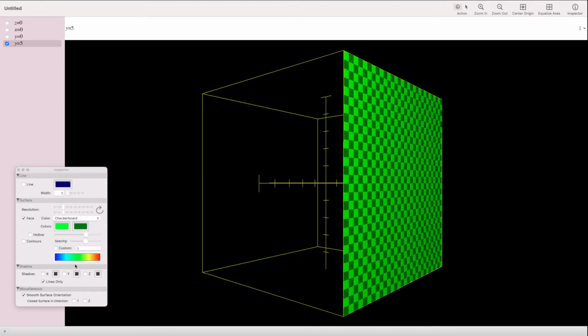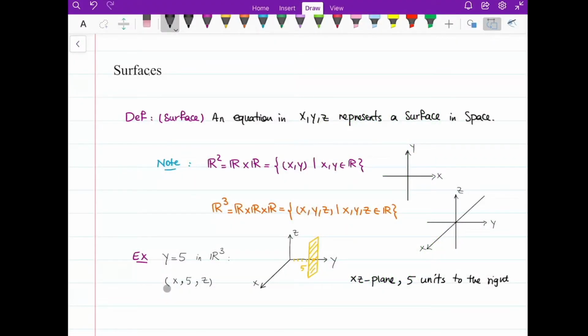Let's look at another example. Example: x equals y in R3. What is that? Let me first show it to you. x equals y in R2. You know that in R2 we have x, y, and x equals y would be just the simple line, y equals x.